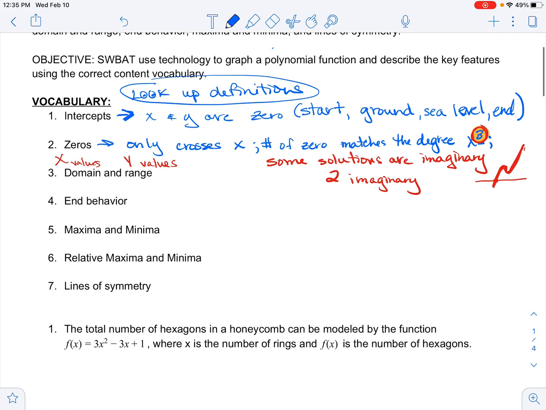Okay, maximum and minimum. So these are maxima and minima, because, oh wait, that's singular, and minimum is multiple, or vice versa. I can't remember which one's singular. Anyway, maximum means the highest point, minimum means the lowest point. So if the degree is odd, an odd degree, these are always going to be negative and positive infinity.